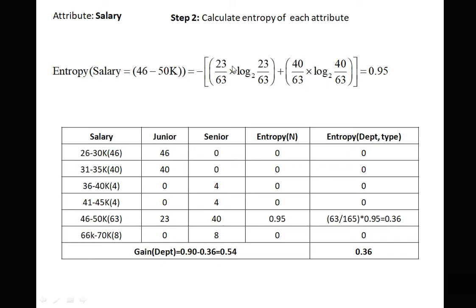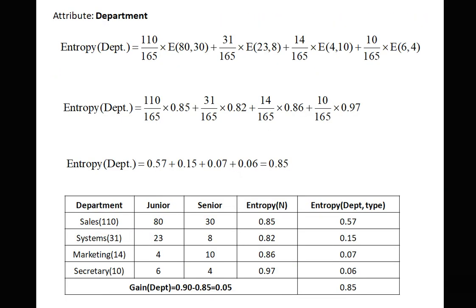So we calculate 23 with respect to 63 and 40 with respect to 63. We get 0.95. The particular proportion, 63 by 165 into 0.95, is equal to 0.36. Then gain is equal to 0.90 minus 0.36, which is 0.54. So in this way we calculate the gain for salary, age and department.